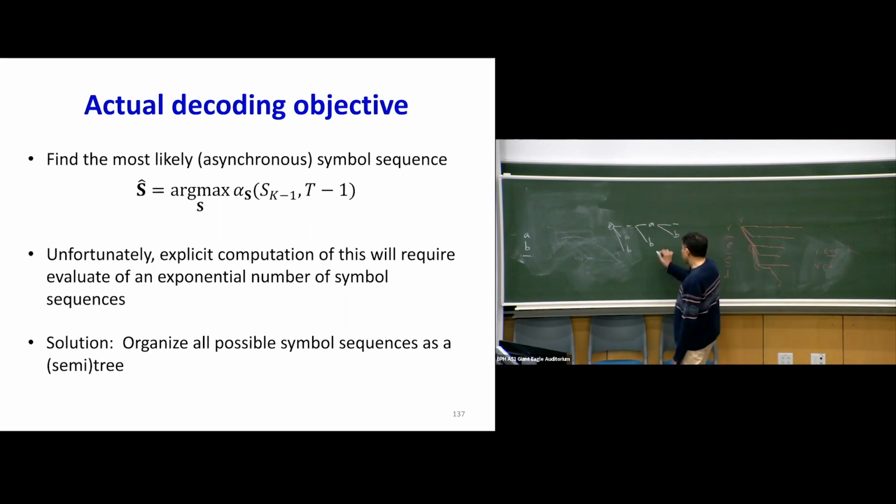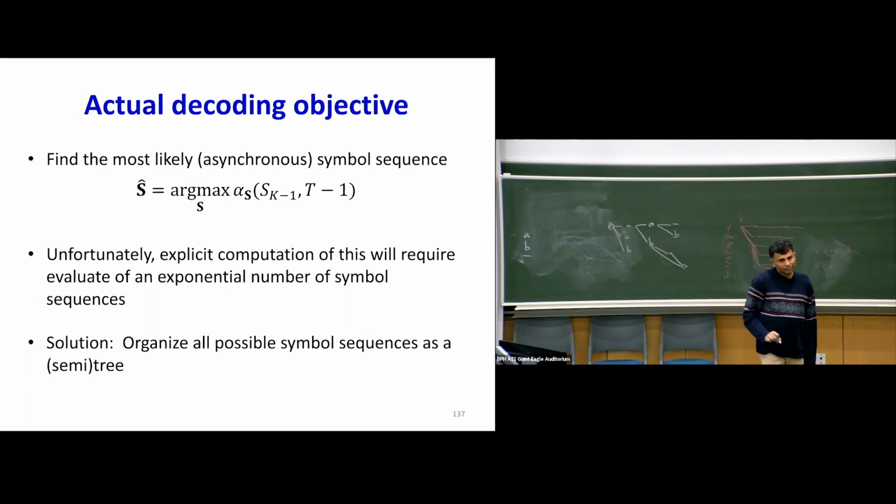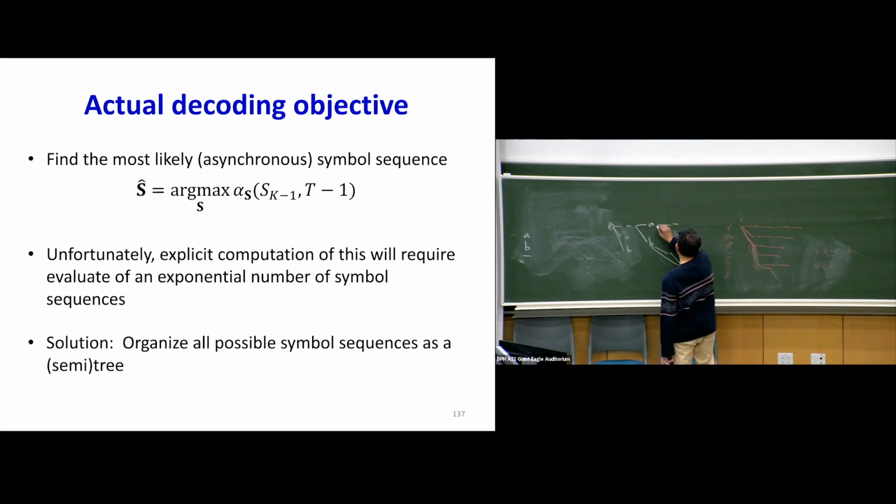And a B can be followed by a blank and followed by an A, right? But then here's the thing. The blank can follow the A as well. The blank can be followed by an A, right? Both of those represent BA. And over here, this guy, I have this structure, right?